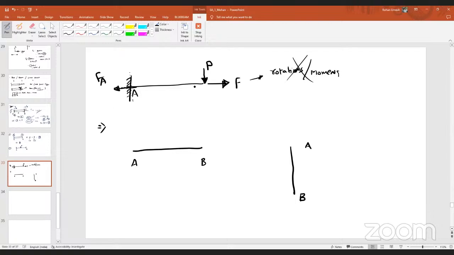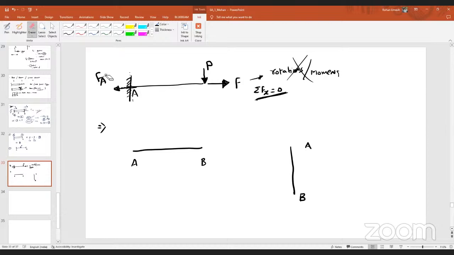Imagine there is a force F acting on the right side. We have to balance it. How can I balance it? Some force should act in the opposite direction. What is the equilibrium equation? Summation of force along X should be equal to 0. That means, how can I make this force equal to 0? By applying some resisting force in the opposite direction with the same magnitude.